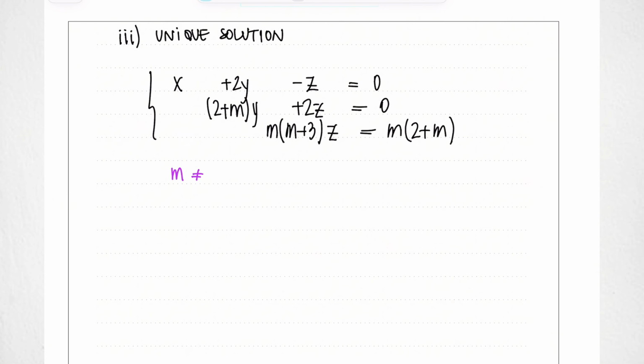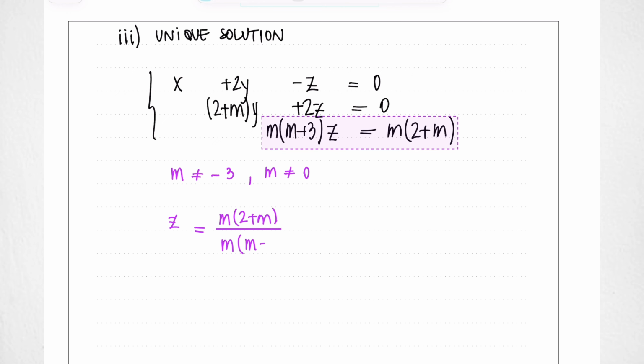Now, in order for us to have a unique solution, m cannot be equal to negative 3, and it cannot be equal to 0 as well, which means that if you focus on this last equation right here, you have your z as m(m+2) over m(m+3). Now we can cancel out the m's.